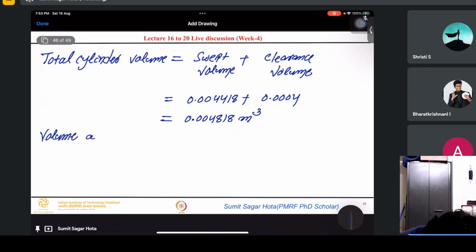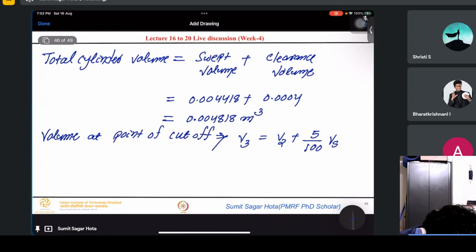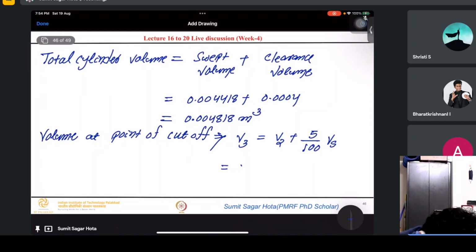volume at point of cutoff. What does it mean? V3 is equal to V2 plus 5 by 100 into Vs. Okay, that is equal to 0.0004 plus 5 by 100 into 0.004418.